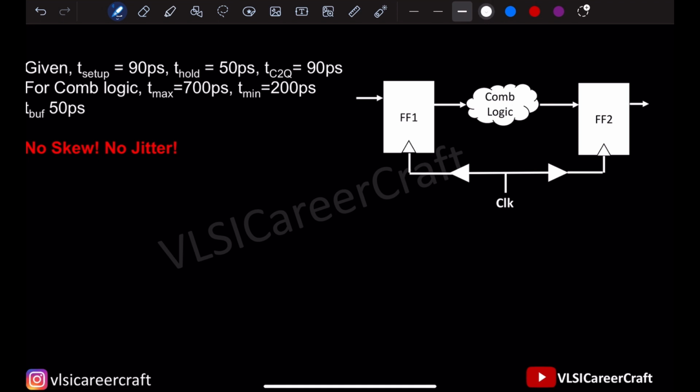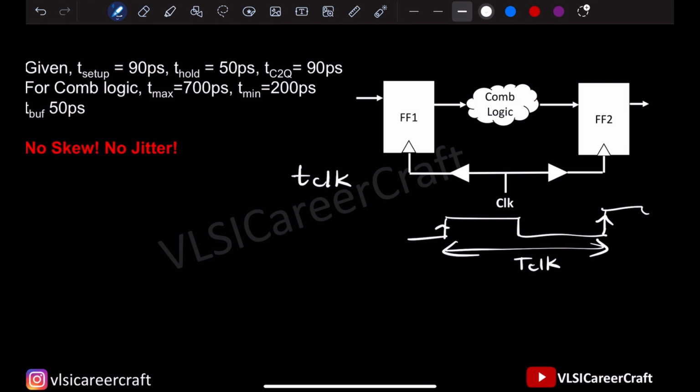So let's consider a clock period of T clock, and this T clock should always be greater than T clock to Q of flip-flop 1 plus T combinational max and T setup of flip-flop 2.